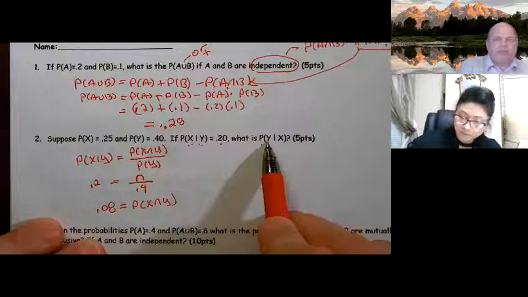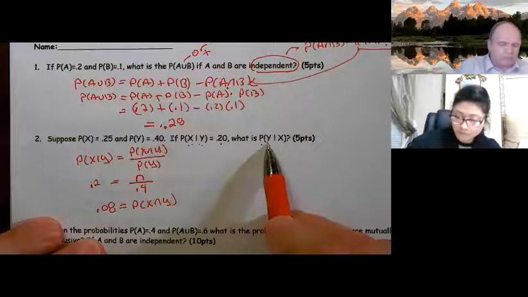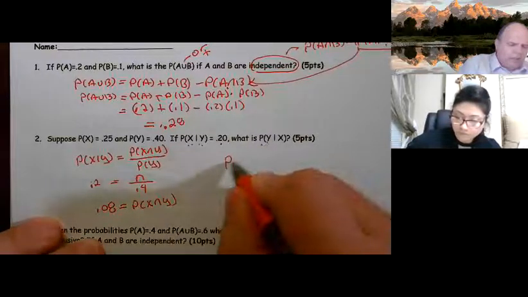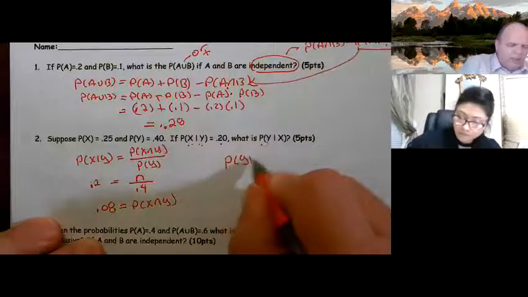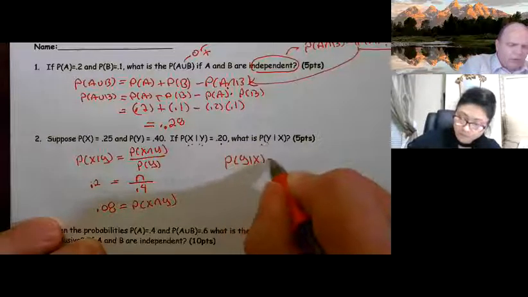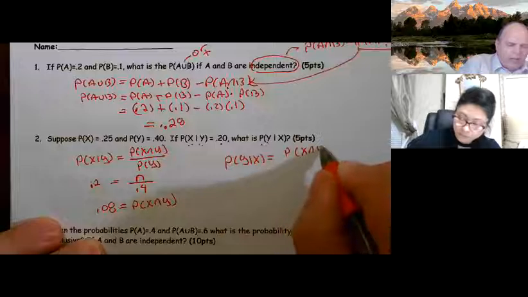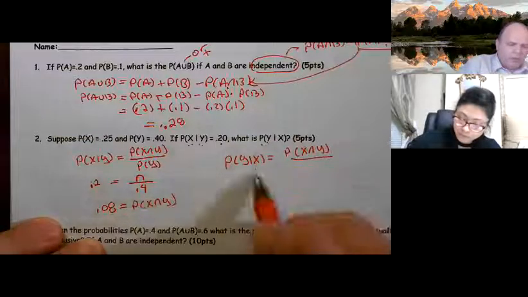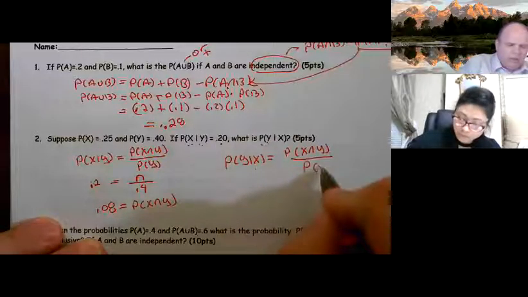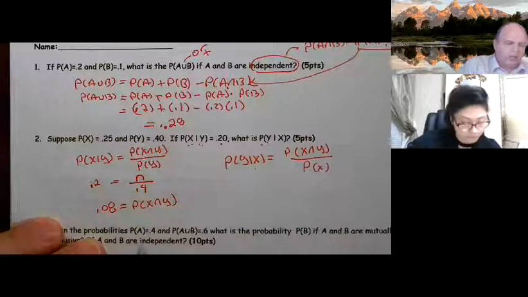Now I have this mess over here that I haven't fooled around with, and this is what they're actually asking me for. So I have the probability of Y given X, which is the probability of X and Y over the probability of X. Well, guess what?